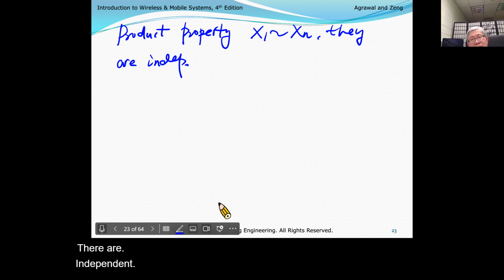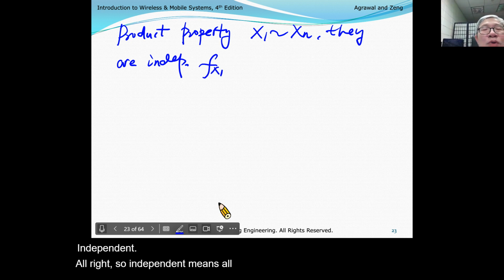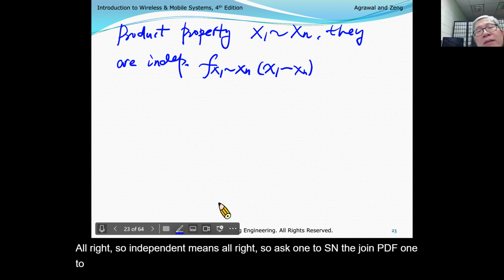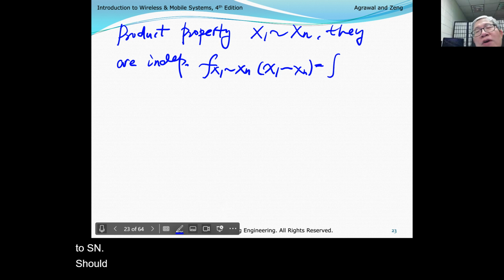All right, so independent means the joint PDF of x1 to xn should equal the product form of the marginal PDFs, x1 multiplied through xn.